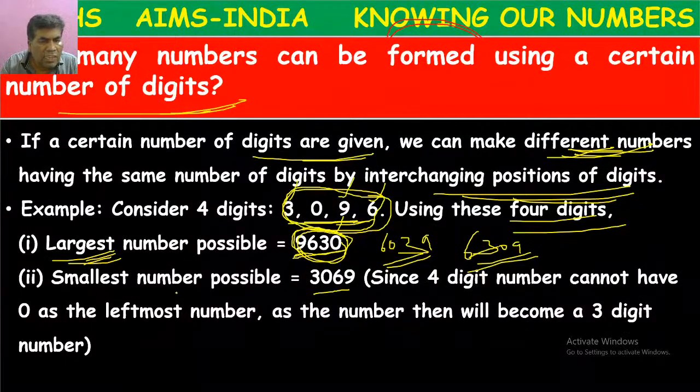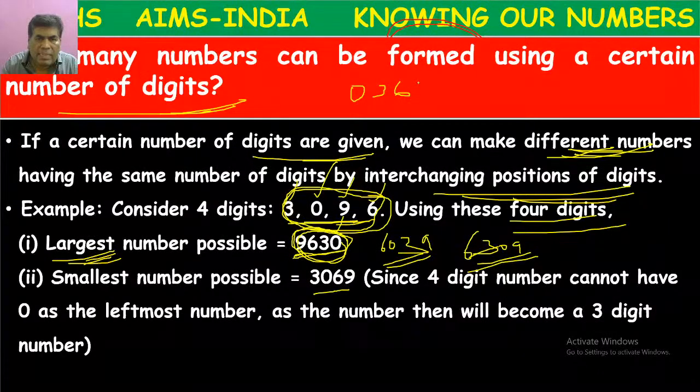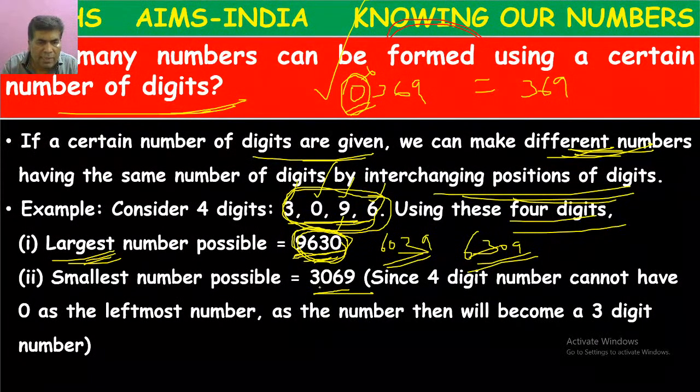So what is the smallest possible number out of 3096? 0 is the smallest digit. But if we keep 0, 3, 6, 9 like this, with 0 in the leftmost place, then it will not have a value different from 369. So in the leftmost place, we should not keep 0. So for framing the smallest number, we won't take 0 in the leftmost place.